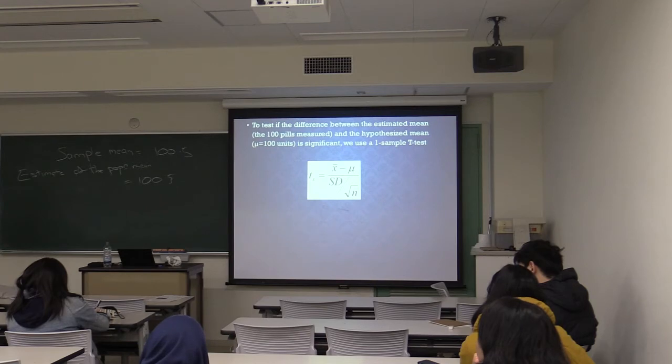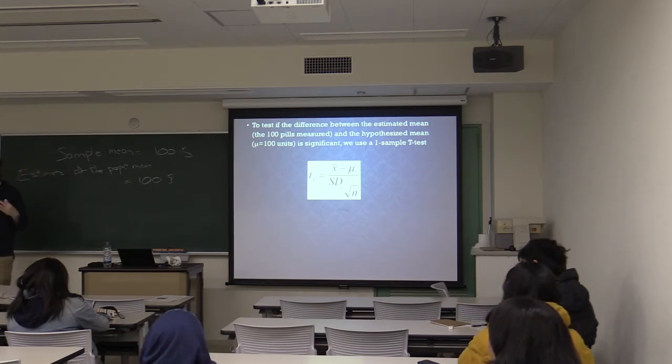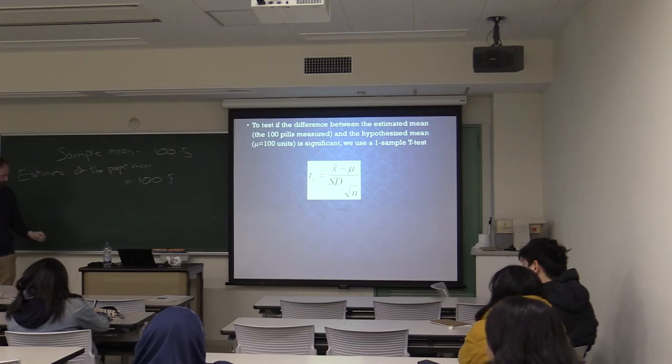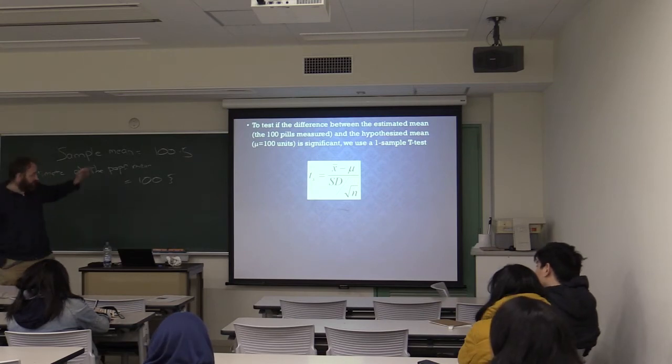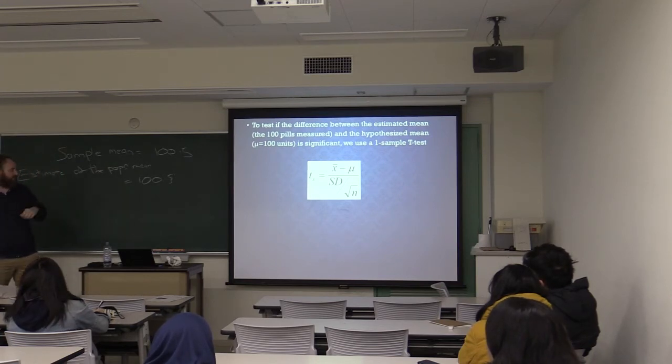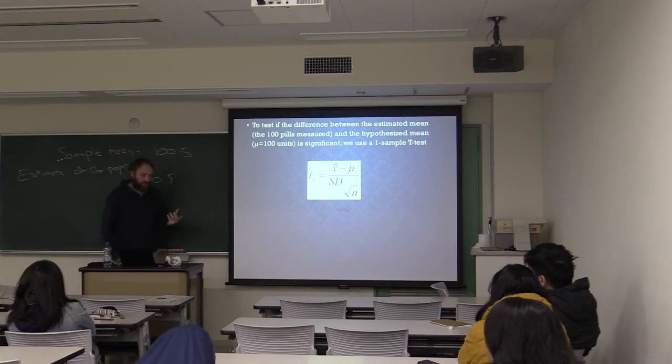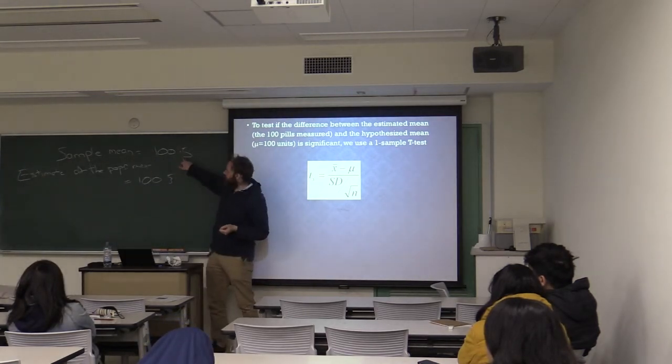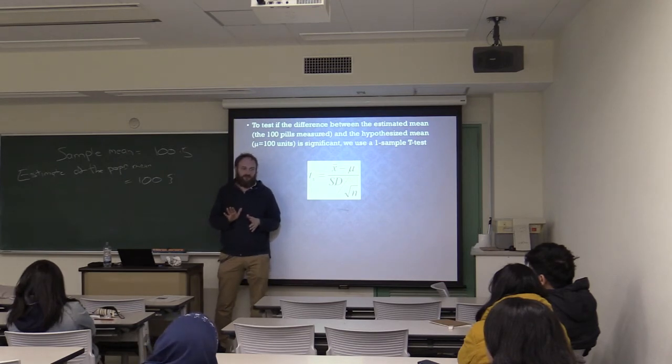You might say, well, they're the same number. Our sample mean, 100.5, is the measure for these 100 pills. For those 100 pills, the mean absolutely is 100.5. That 100.5 is also an estimate for the population mean, for all the pills in the world. So it's the same number, because we use our sample mean as an estimate of the population mean.